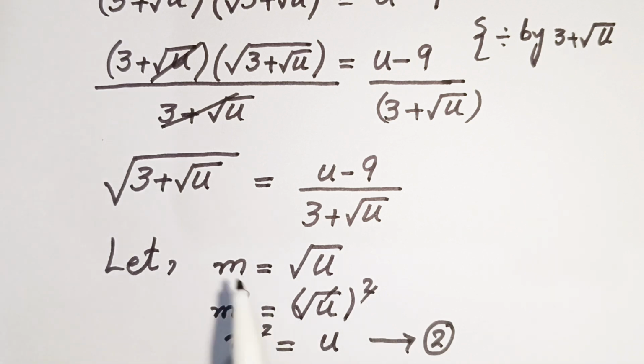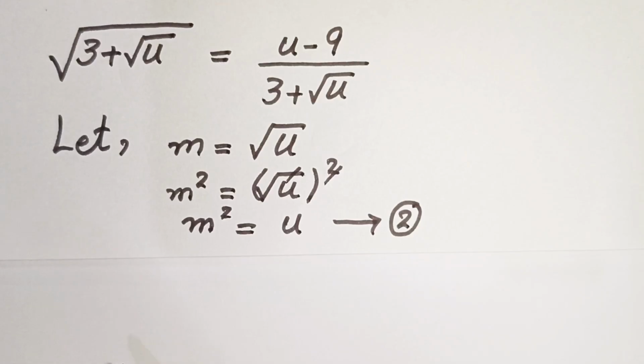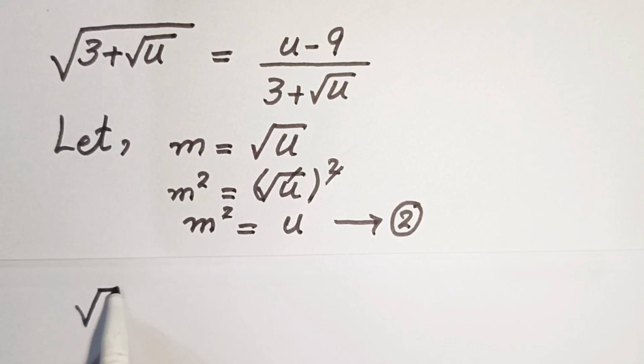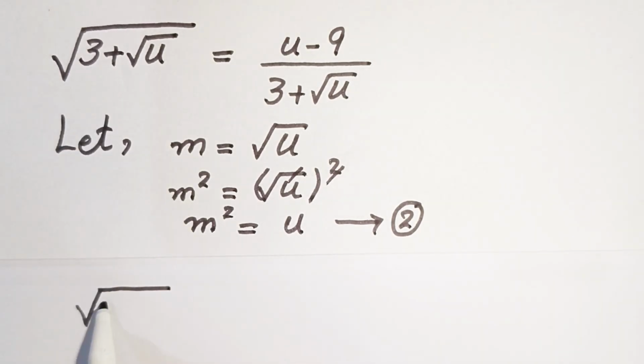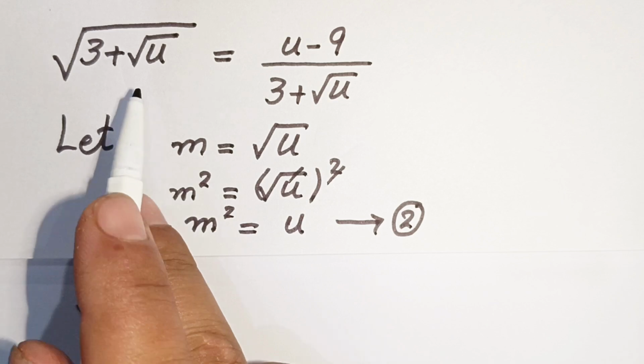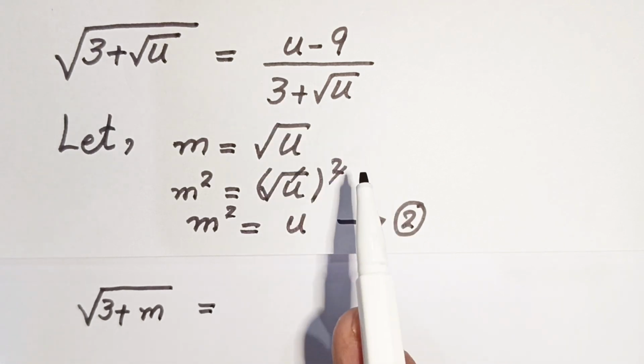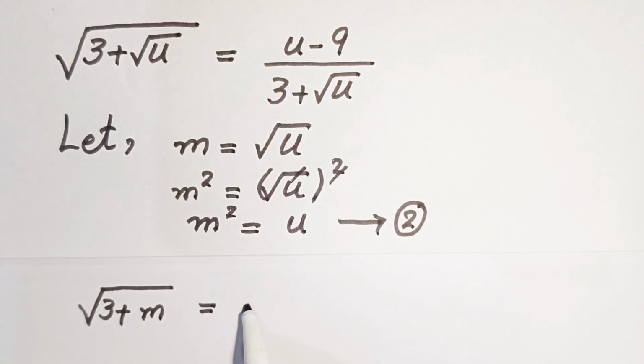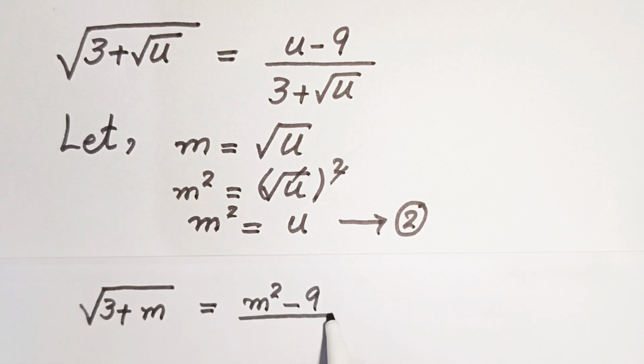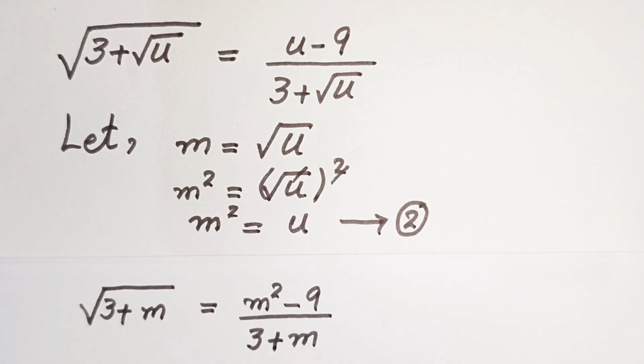Now substituting these values in our problem, we get the square root of 3 plus square root of u, where square root of u is equal to m, so we write 3 plus m, that is equal to u minus 9. So u is equal to m squared, and minus 9 divided by 3 plus square root of u, which is equal to m.